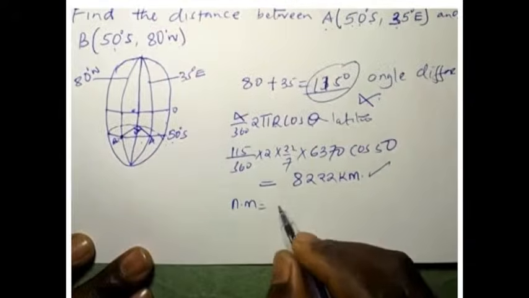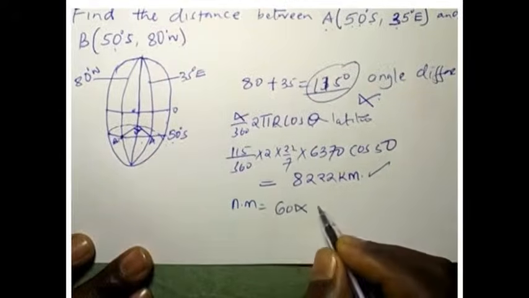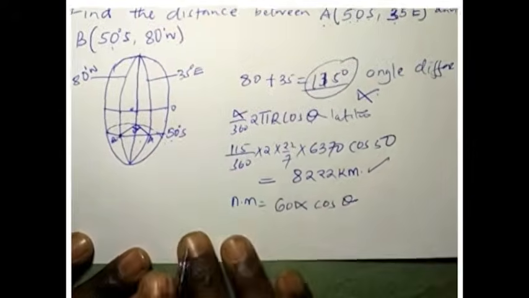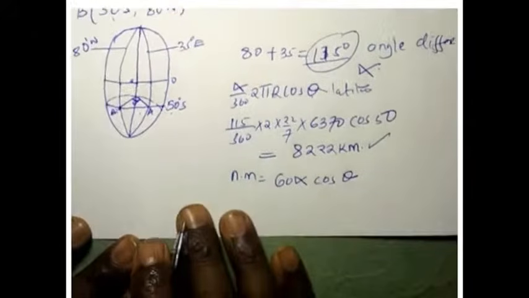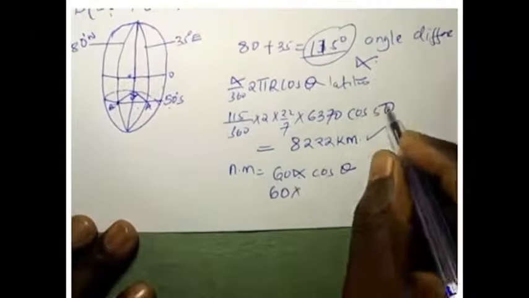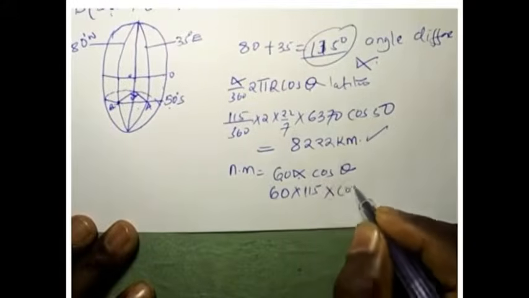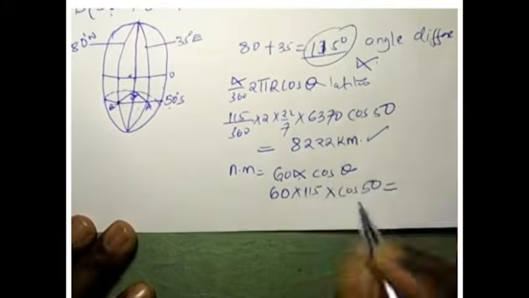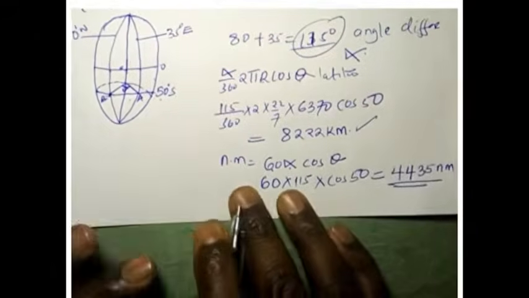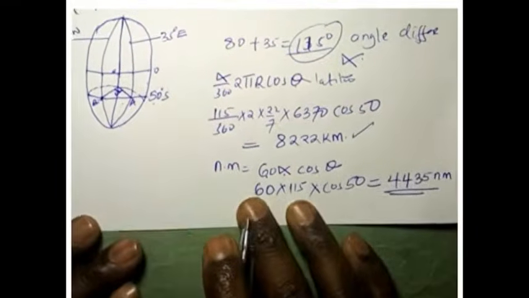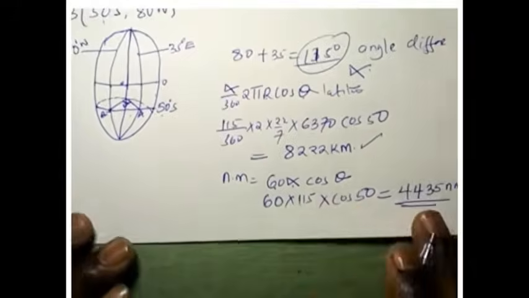The formula is 60 alpha cos theta. 60 is a constant times alpha. Our alpha is 115 times cos 50, and this one will give 35 nautical miles. So that's how you calculate the distance along a small circle and a great circle.